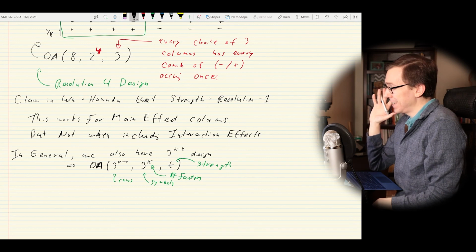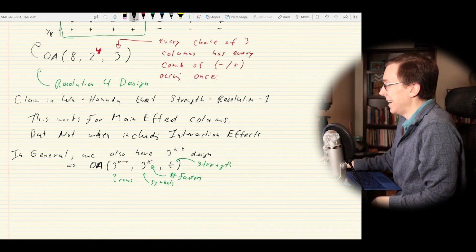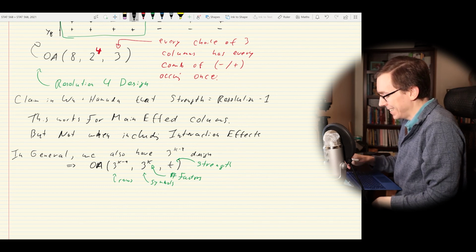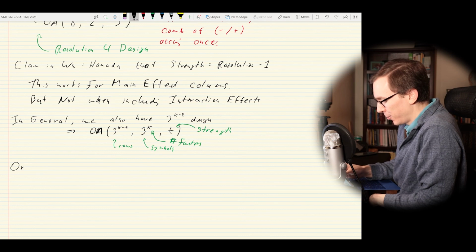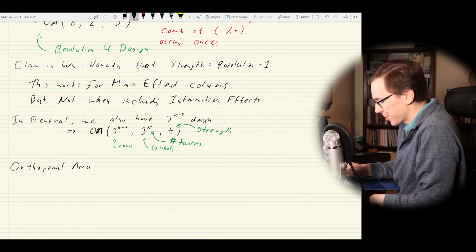All right, so the last thing I'm going to mention today, and we'll be trying to apply this in practice in the next lecture, is to define orthogonal array again. But in this case, we're going to be doing mixed levels.